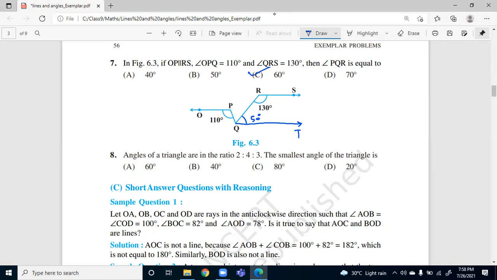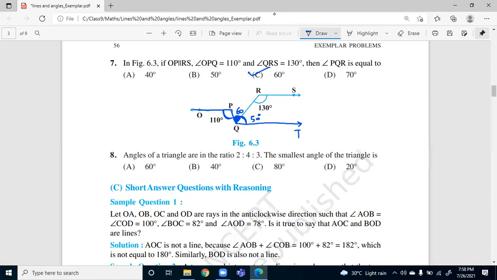How? If you look at this measure, it should be equal to this whole, because they are making the alphabet Z, just like alternate angles. So this is 110. So this angle plus this angle should be 110, so that PQR will be 60.